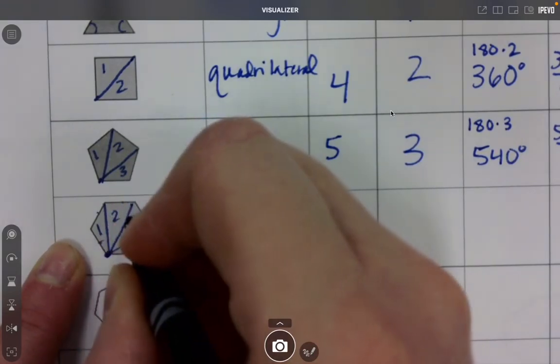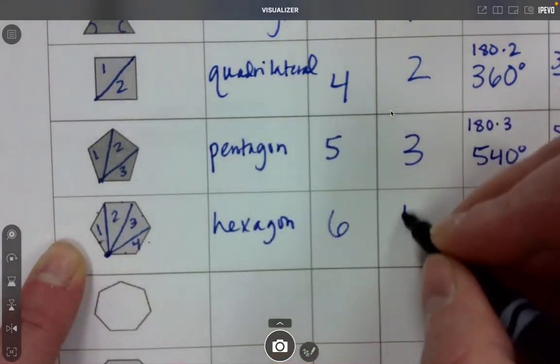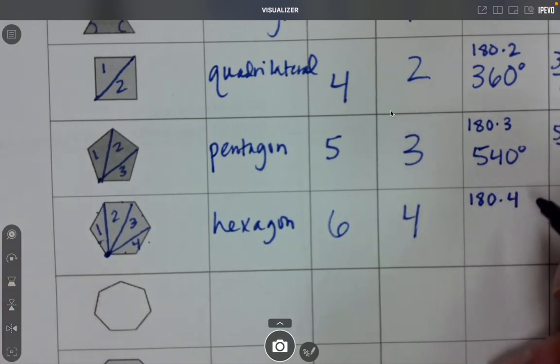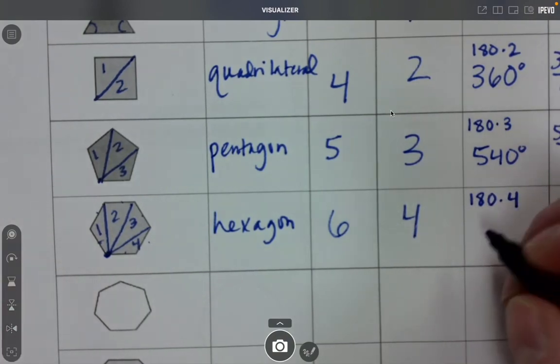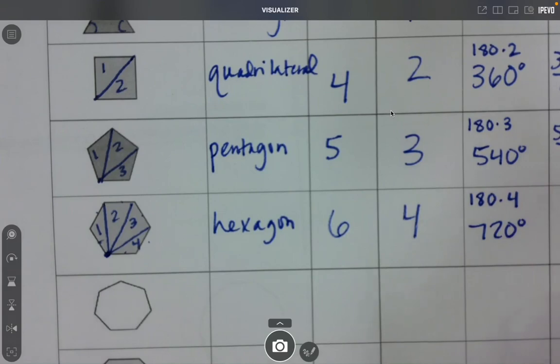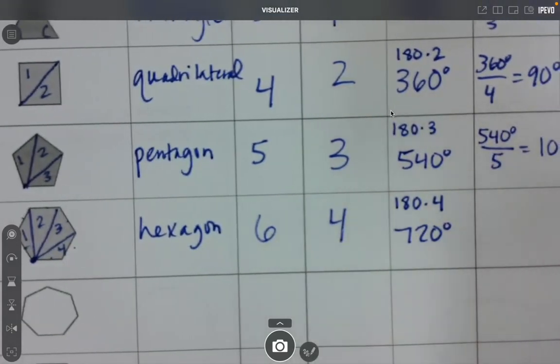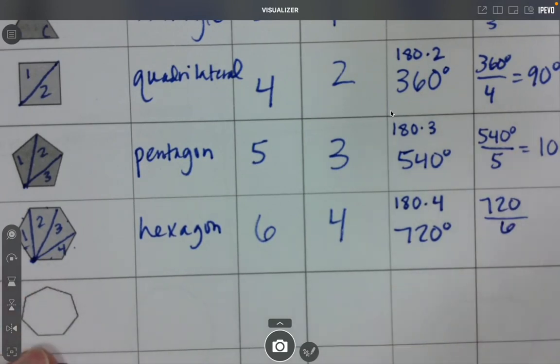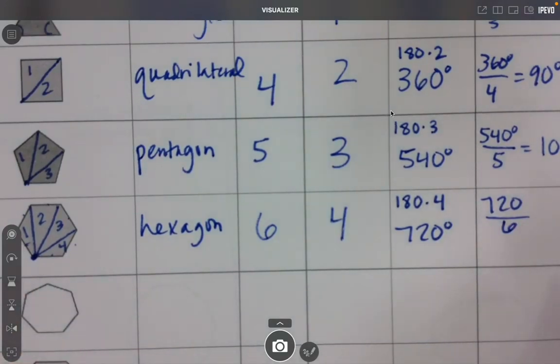So I have 1, 2, 3, 4 triangles. And so my angles would be 180 times 4, which is going to be 720 degrees. And then again, to find one angle, I would have to do 720 divided by 6, since a hexagon has 6 sides. And so I would get 120 degrees.